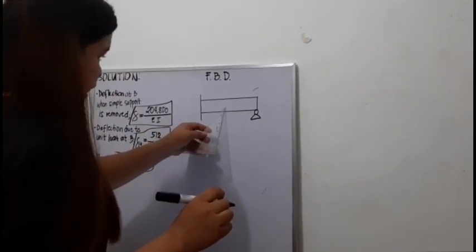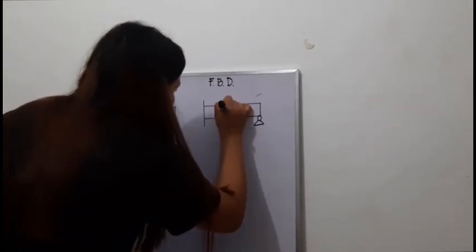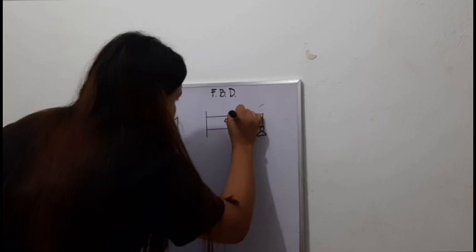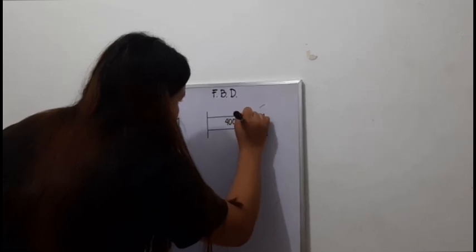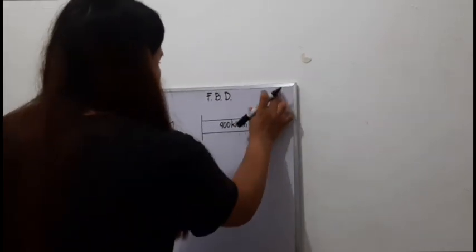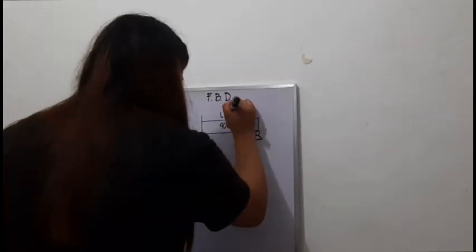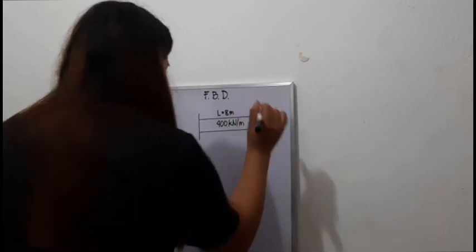So here inside, we're going to write the 400 kN/m load. Our length is 8 meters, as given in our situation.